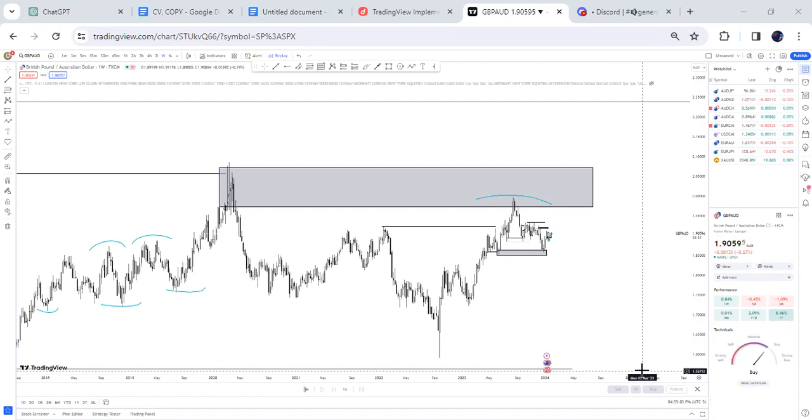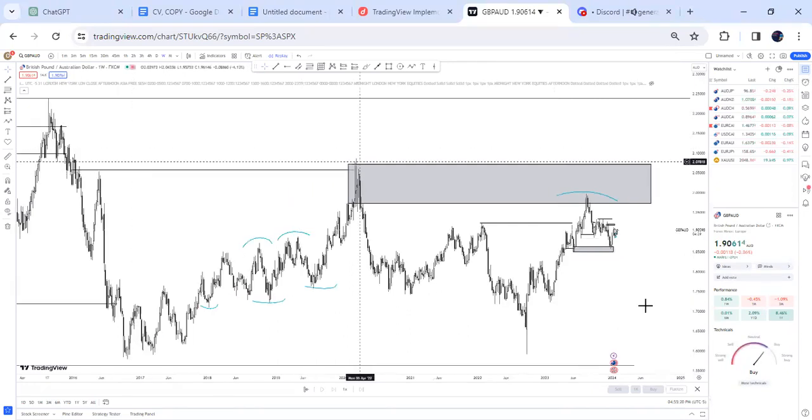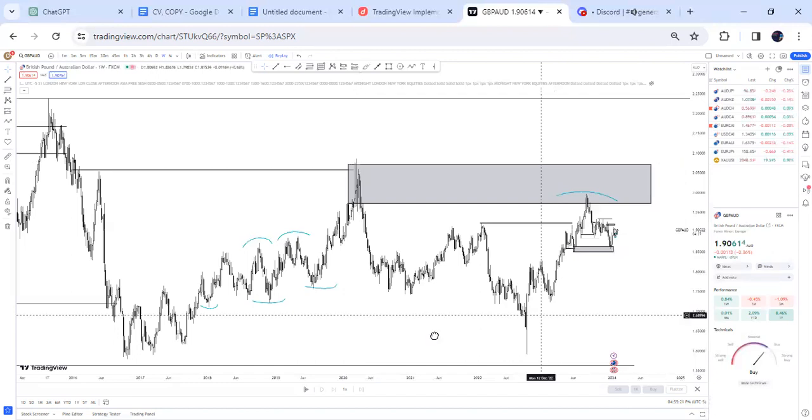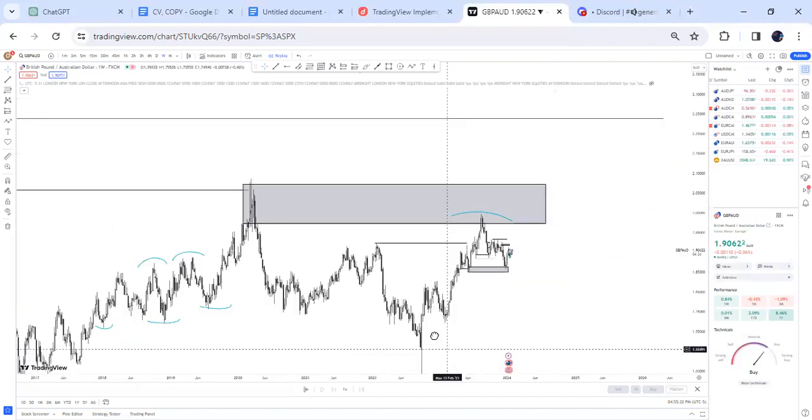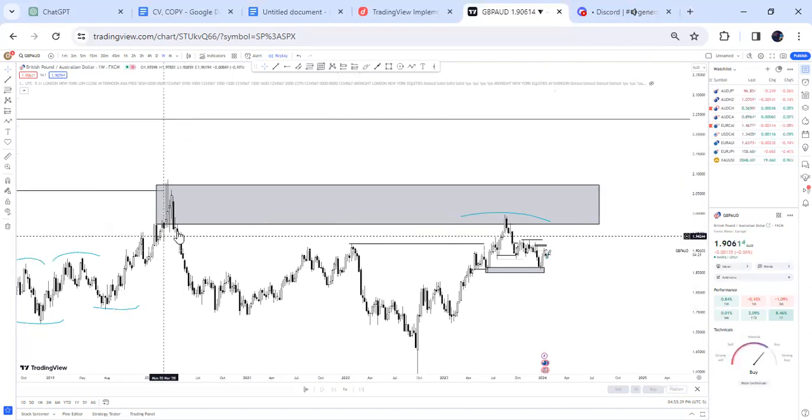All right. Awesome. So I was saying that we had these 4 breaks of structure. Let me go over it again. We swept all this liquidity right here. Then we broke structure. We had our inducement. Why is this our inducement? We have an unmitigated order block. This candle is very vital.